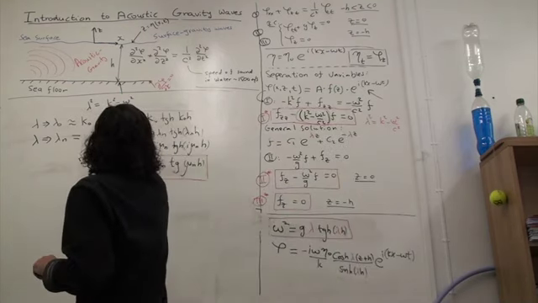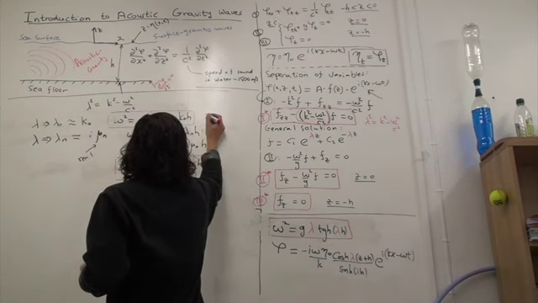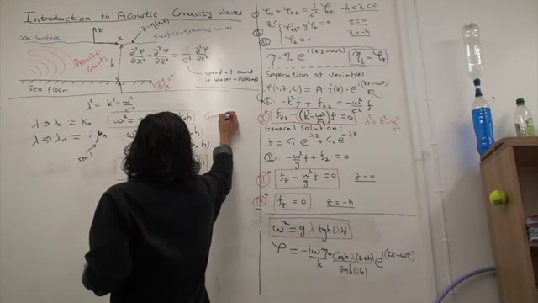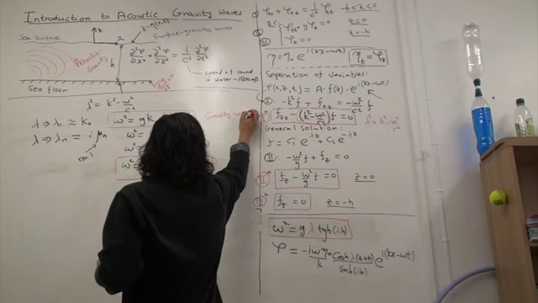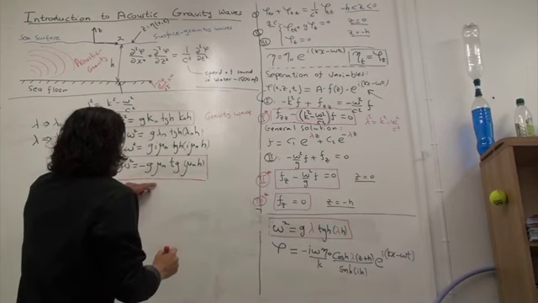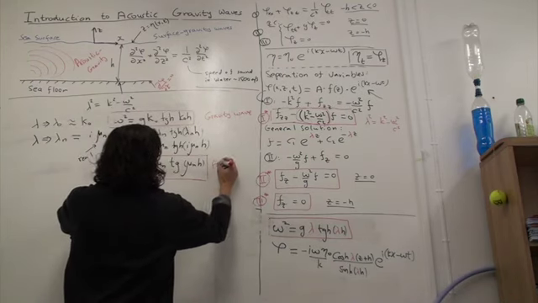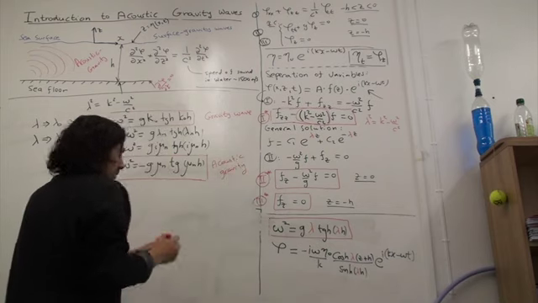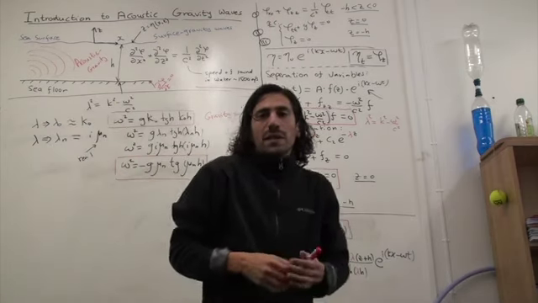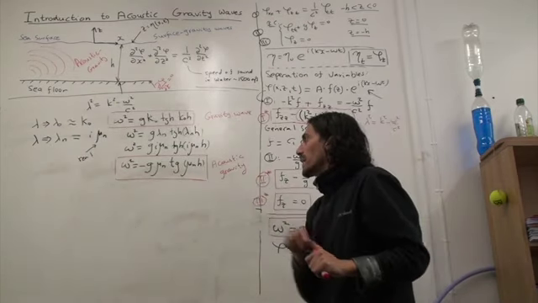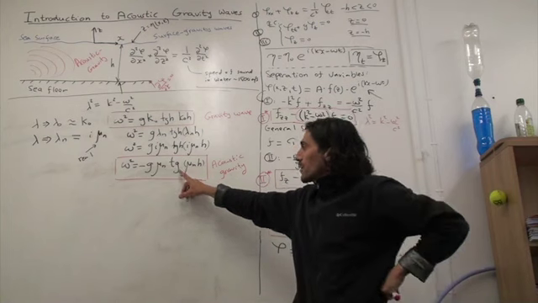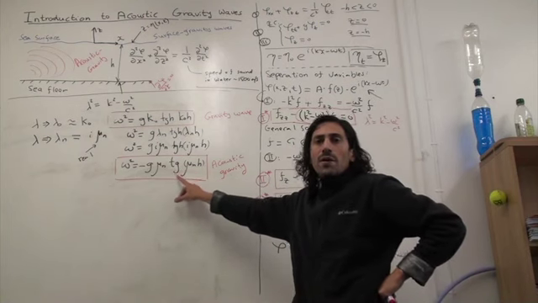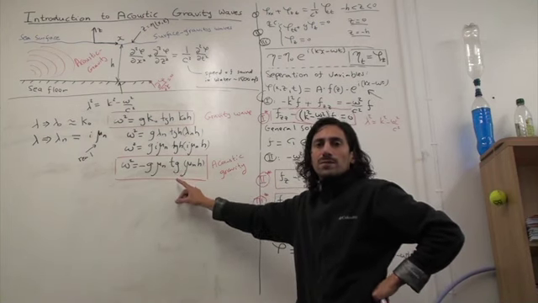This is the dispersion relation in the case of the surface gravity wave. And this one is for acoustic gravity. You might say, well, it's almost the same dispersion relation. Well, it is a big deal because here you don't have hyperbolic tangent any longer.